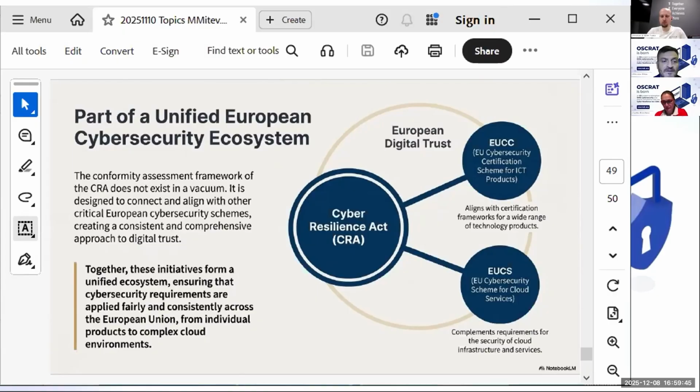Together, these initiatives create a unified system that ensures cybersecurity requirements are applied consistently across Europe. This ecosystem strengthens digital trust and supports both simple consumer devices and complex cloud environments. By linking these different schemes, Europe makes a coordinated approach to cybersecurity and builds a comprehensive framework for the future.